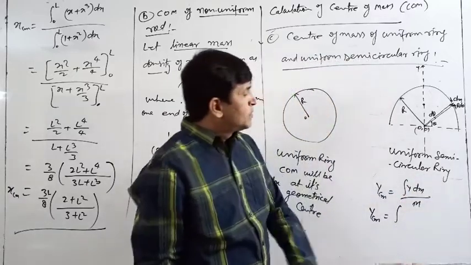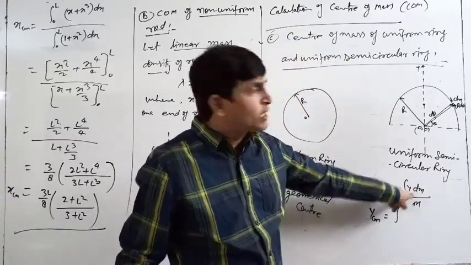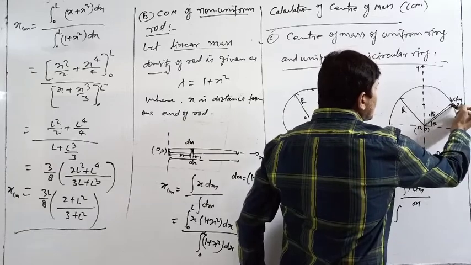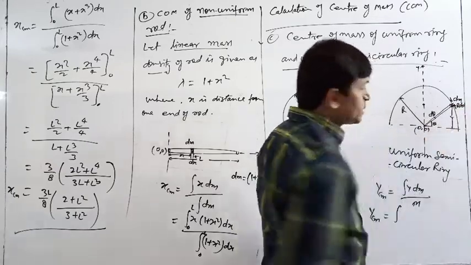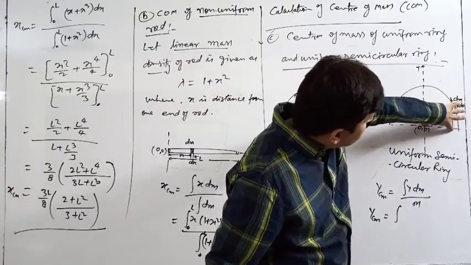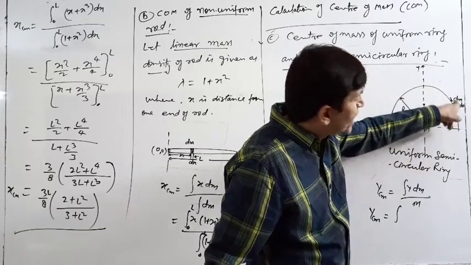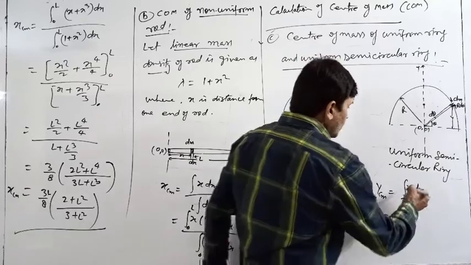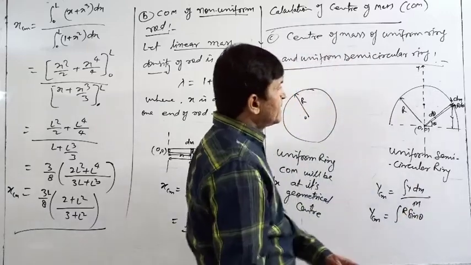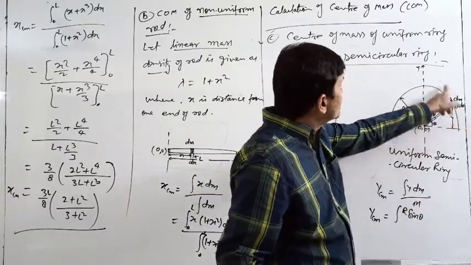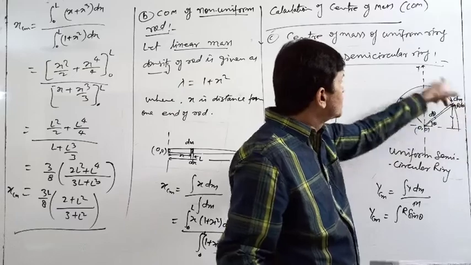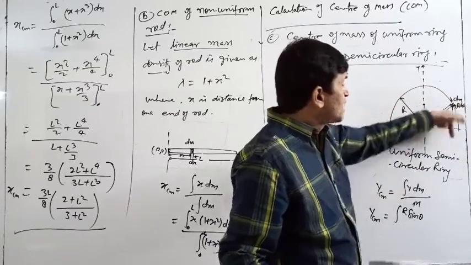See here. y means the y coordinate of the center of mass of the element dm. So y coordinate means this value. This is your y, na? How much is it? This is the radius r. This is your r cos theta in this triangle. This will be how much? r sin theta. y is your r sin theta. dm is the mass of this element. Total mass of the ring was m, and what was the length of the ring? The full length is 2 pi r.